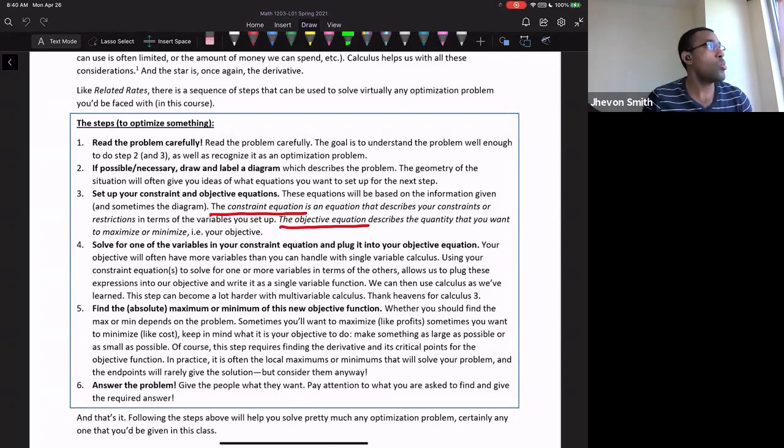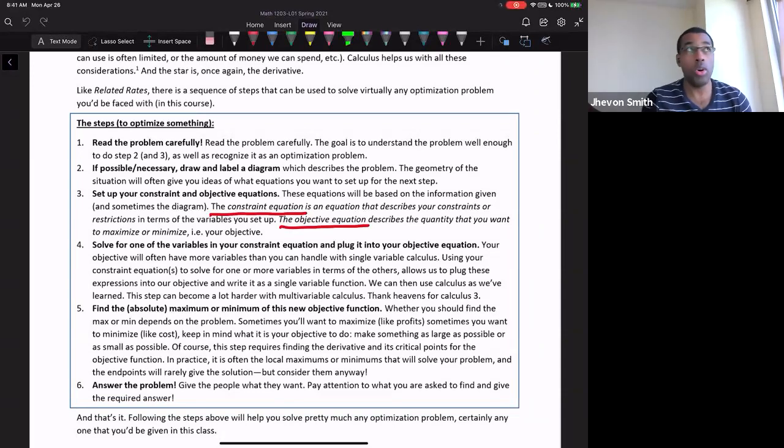So they're going to be like, oh, you only have 100 feet of fencing, or you only have 50 square feet of area to do this with, or you only have 16 pounds of blah, right? They're going to tell you something, and that's going to be your restriction. You can't use as much as you want. You only have that amount, right? So you come up with an equation to describe that thing, and that's your constraint equation.